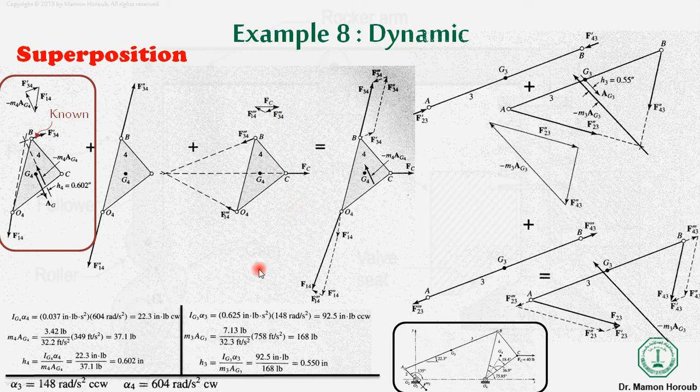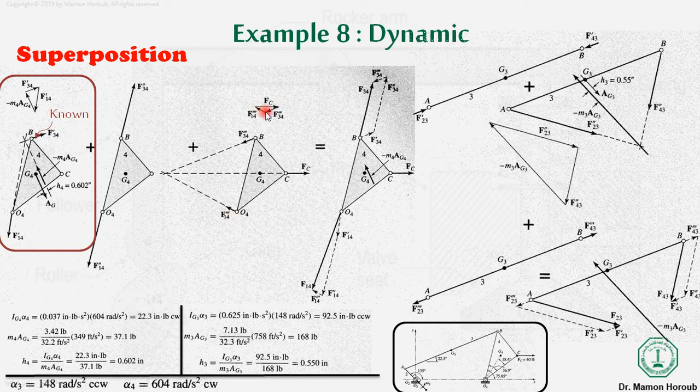Okay, so Fc is already known to us, that is 40 lb, so we can scale it into inches. Over here we already know the direction, so first we will draw Fc with our scale. Accordingly, we know the line of action of F34, so we will draw a parallel line starting from here, and then we will draw another line parallel to F14 starting from the tail of Fc.